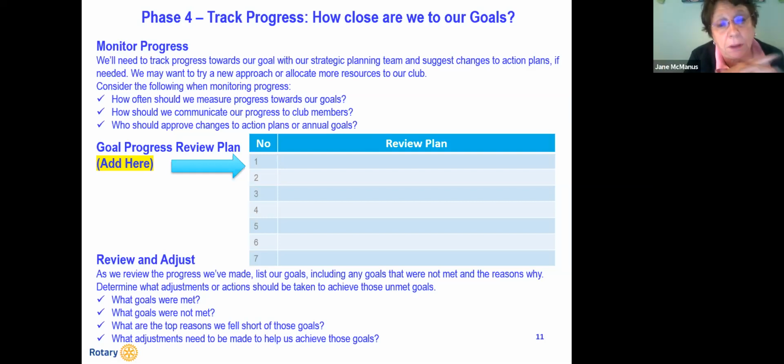Membership, when you want to look at our membership numbers, you want to put out some kind of a tool like a survey. How are we doing? How often do you want to do that? That's what this slide, I think, is all about. And then it gives you a way to tell what more do we need to do to accomplish the goal.